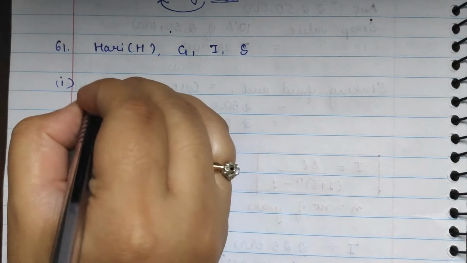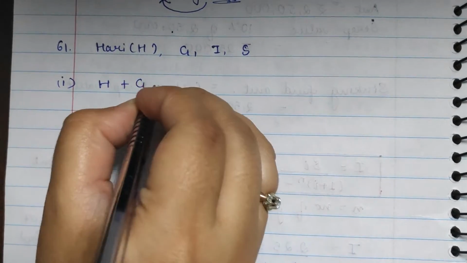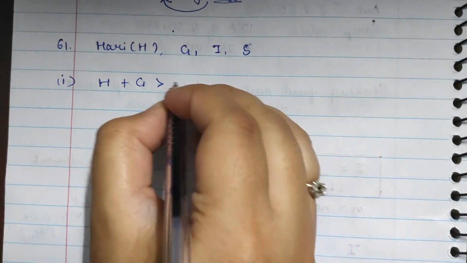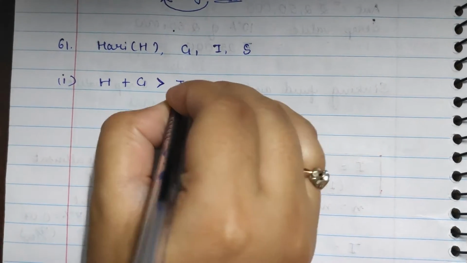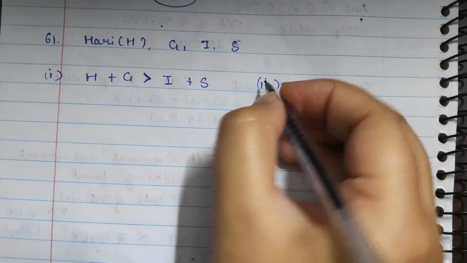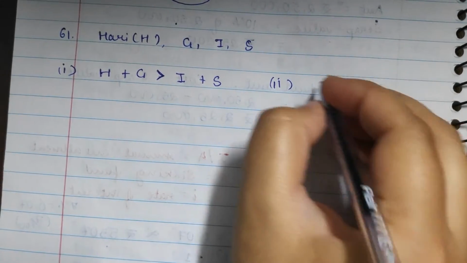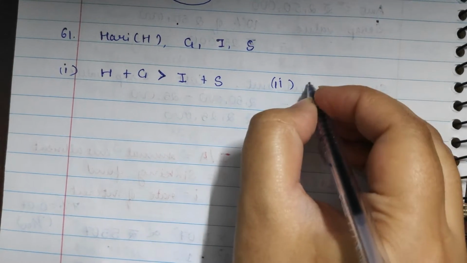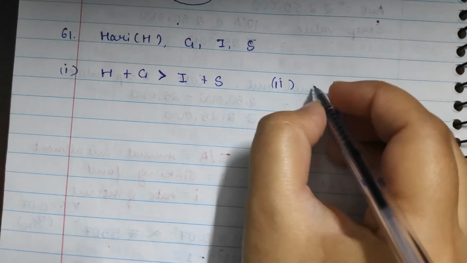It has been given that Hari's age plus Geeta's age is greater than Irfan's age plus Saira's age. In the second fact, we have been given that the age difference between Geeta and Saira is 1 year.